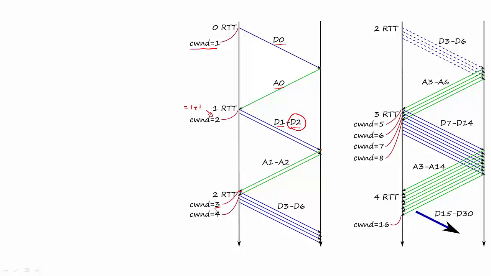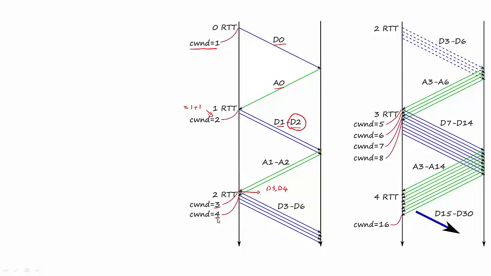Since there can be 3 outstanding, and 1 is already outstanding, you can send 2 more. So at this point, you are going to send D3 and D4. And when acknowledgement 2 comes, again you are going to increment the congestion window by 1, thereby making it equal to 4, which means there can be 4 outstanding packets.